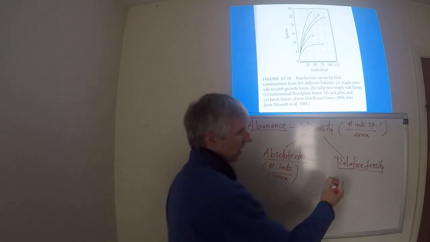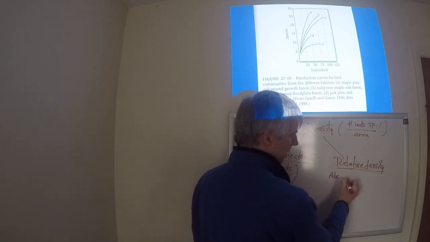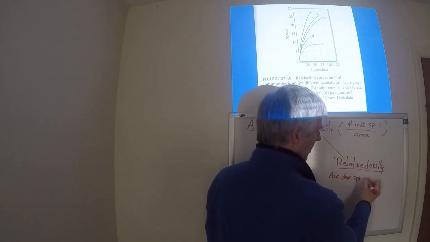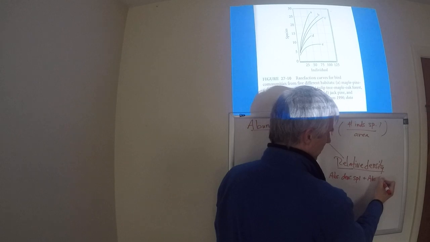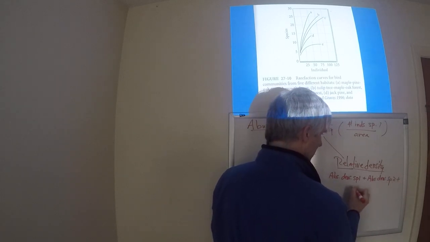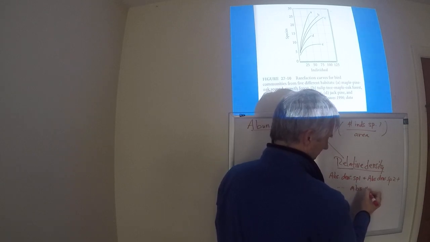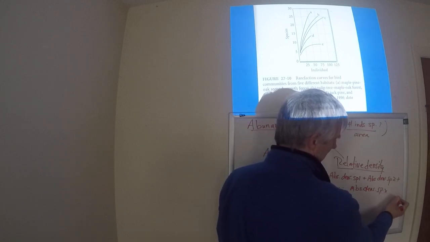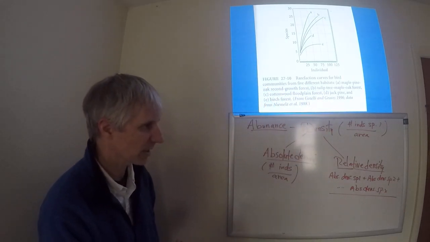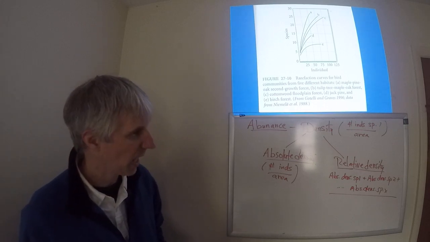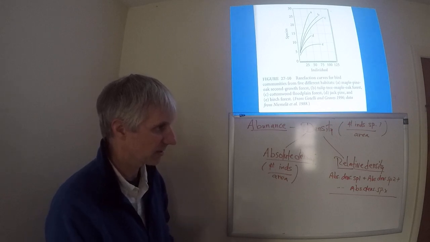So if I took everybody's absolute density, species 1, plus absolute density of species 2, plus absolute density of species X, and I took all of those together and I added up all of those absolute densities.